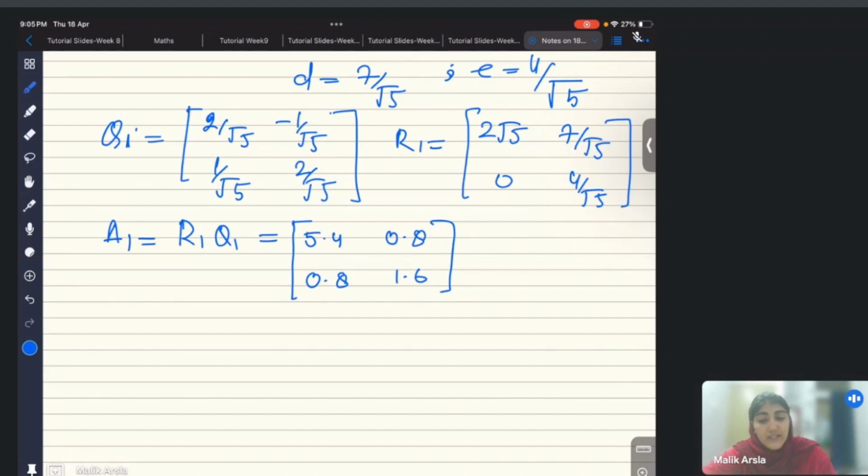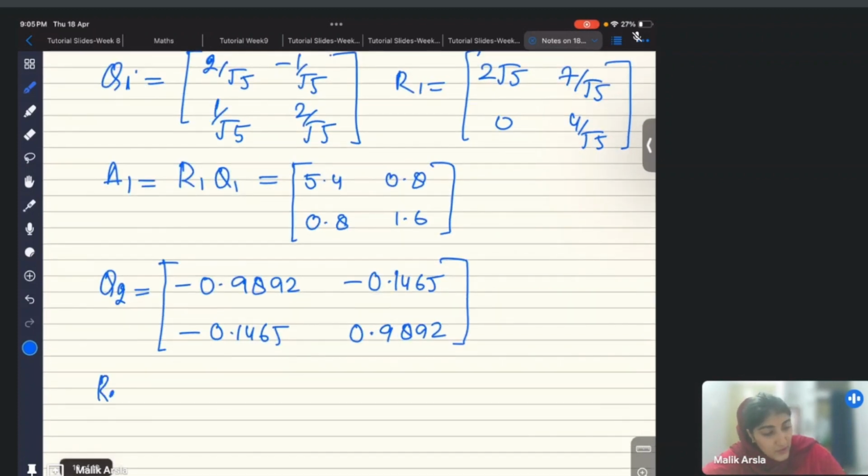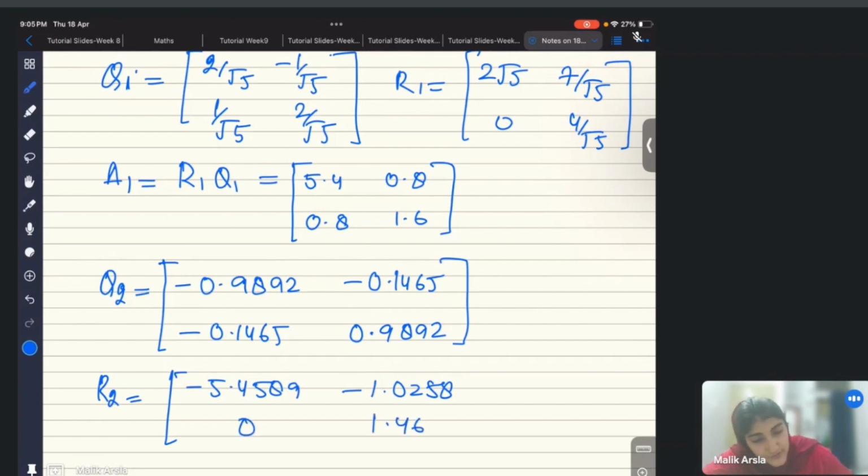Now for this A1 matrix, we again find Q2 and R2 in the same way as we did earlier. Q2 is equal to minus 0.9892, you can do it on MATLAB to see. Similarly, our R2 is coming out to be minus 5.4589, minus 1.0258, 0, 1.4655.